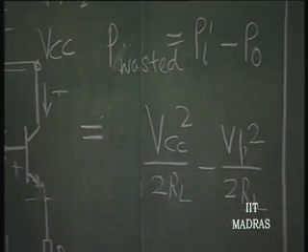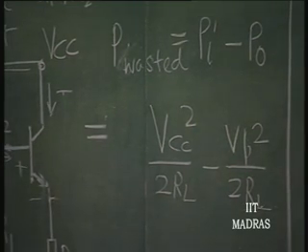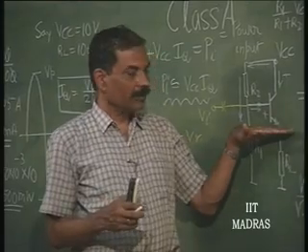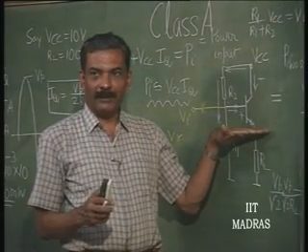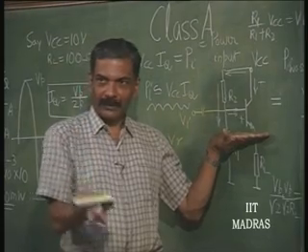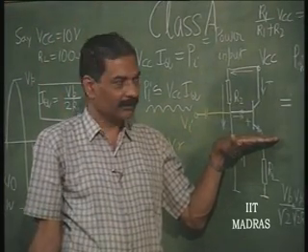And what is the value of Vp? Vp at which you get maximum output power is going to be Vcc divided by 2. On one side it can go up to Vcc by 2, on the other side it can go up to Vcc by 2.